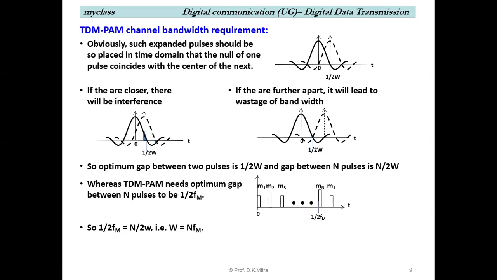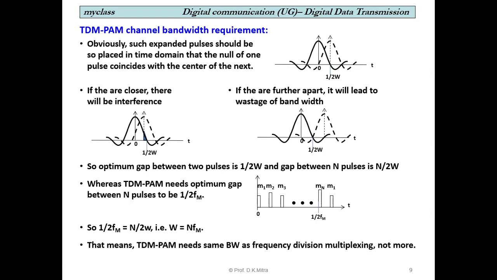That means the conclusion is, by doing digitization and TDM-PAM, you are not losing bandwidth. You are neither gaining bandwidth. In analog communication frequency division multiplexing, you need n FM bandwidth. In TDM-PAM also, you need n FM bandwidth.